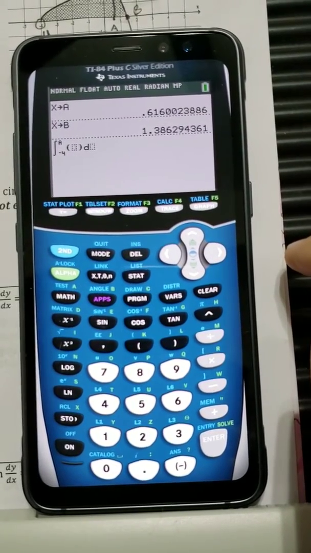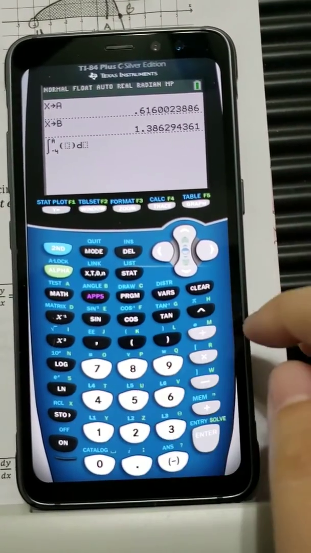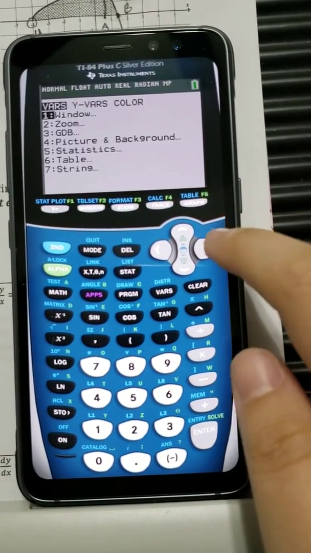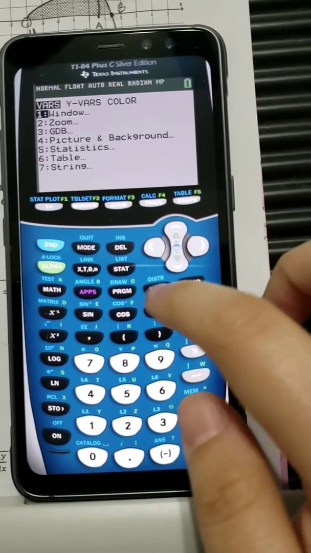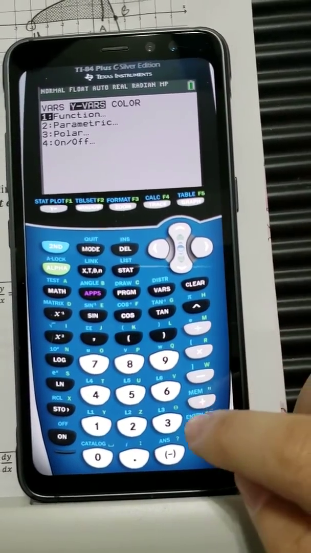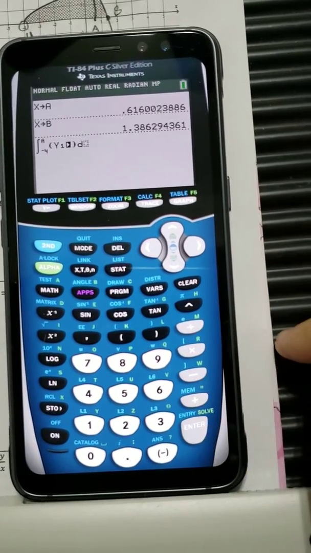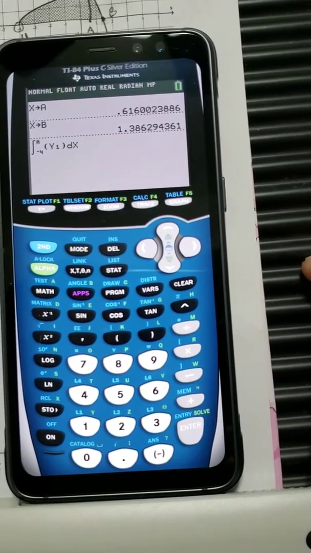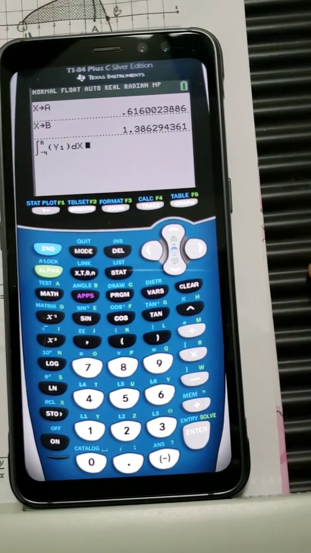The square root of x plus 4, I can literally type that in, or I can just write y1 because we've already typed it in. So I'm going to go to the y variables. I'm going to press variables or vars. Go to y variables, click on functions, click on y1. The actual variable is x, and that's the first part of our integral.